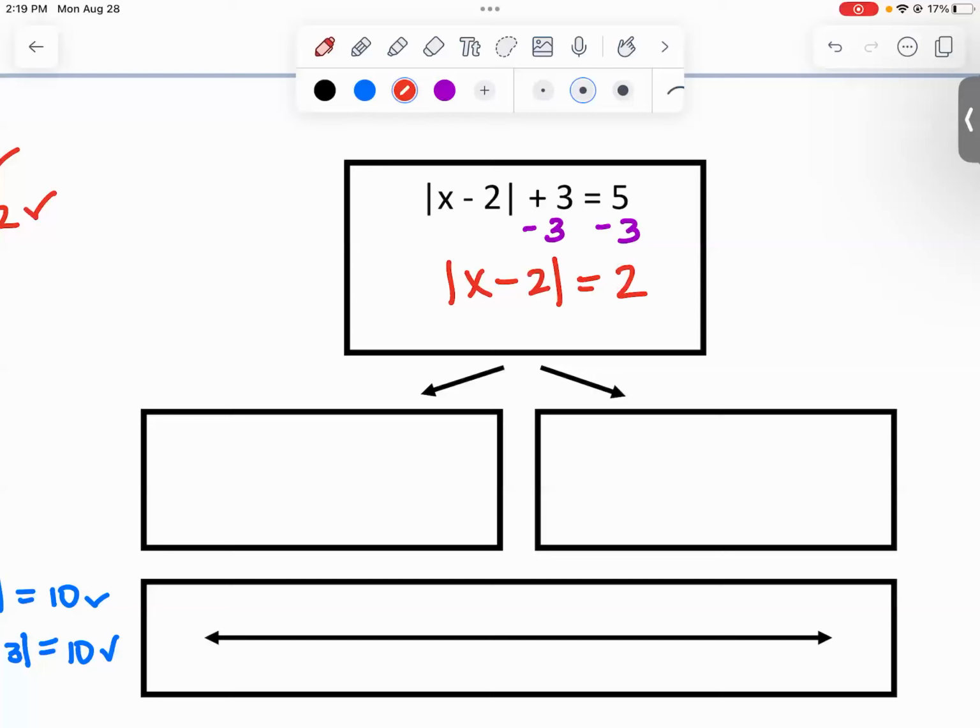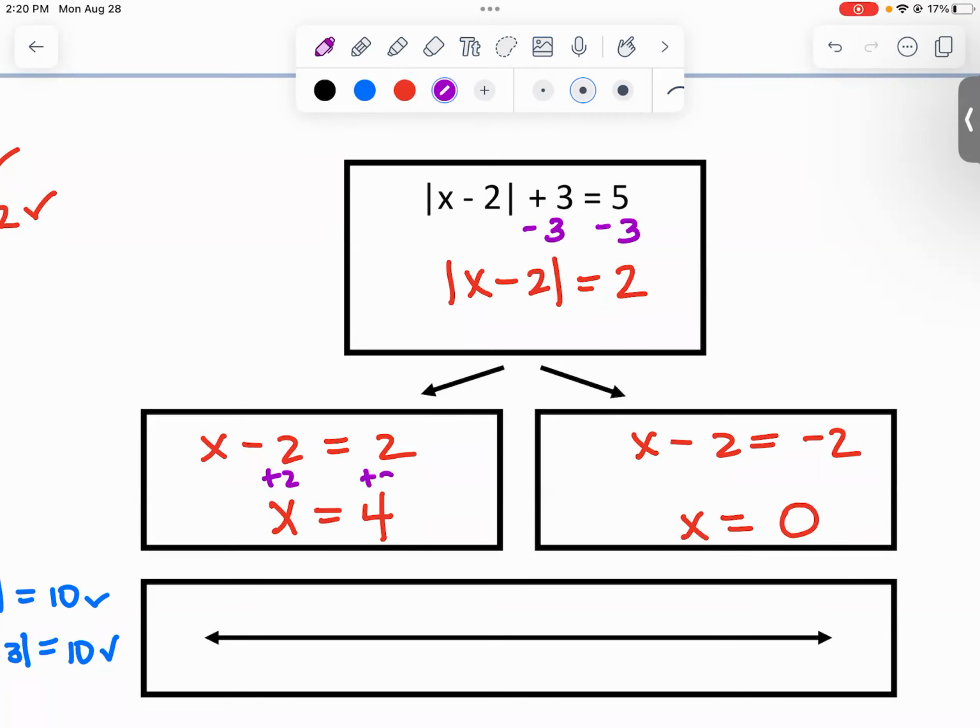Okay, so your two equations are x minus 2 equals 2 and x minus 2 equals negative 2. Make sure that absolute value gets isolated by itself before you rewrite your two equations. So now we have x equals 4 and x equals 0.